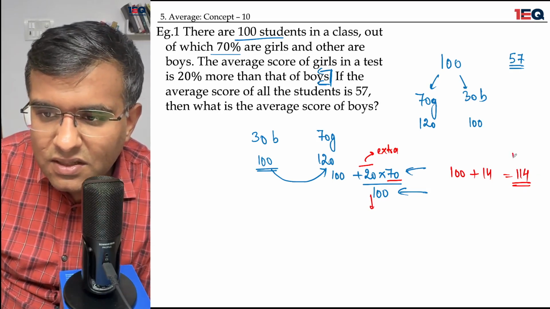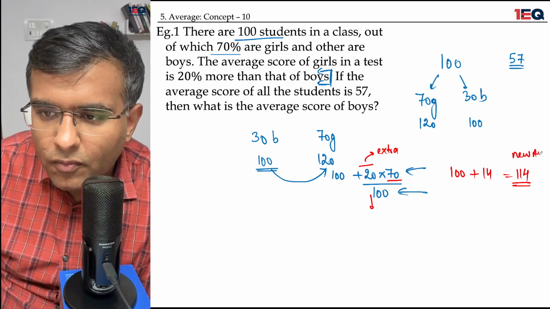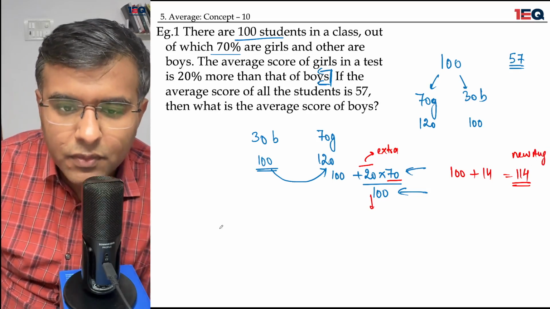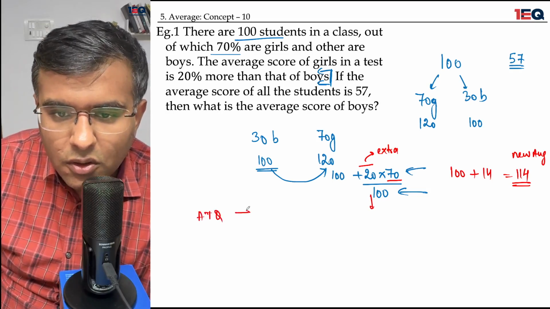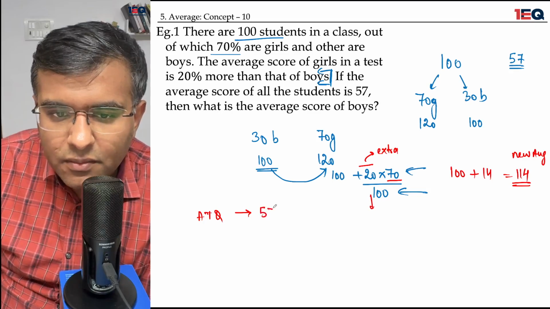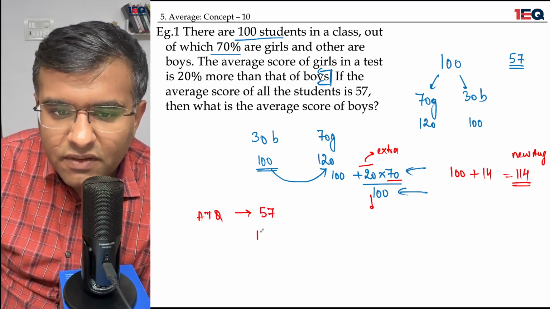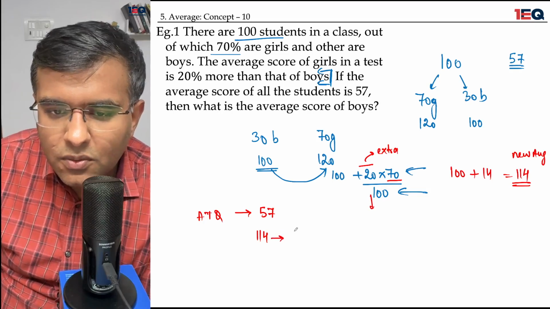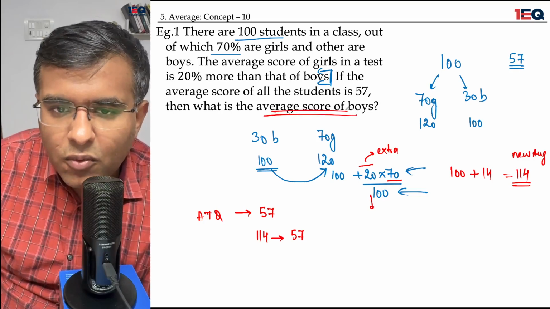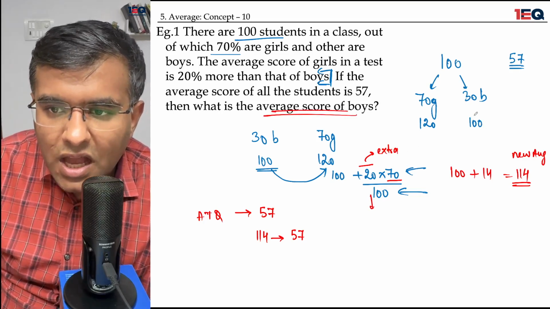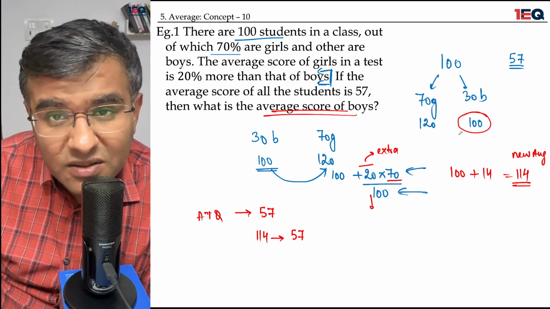This means this is the new average. But according to the question, the new average is 57. This means the value of 114 is equal to 57, and I need to find out the average score of boys. The average score of boys was assumed to be 100 marks.